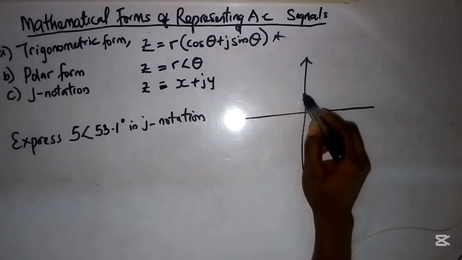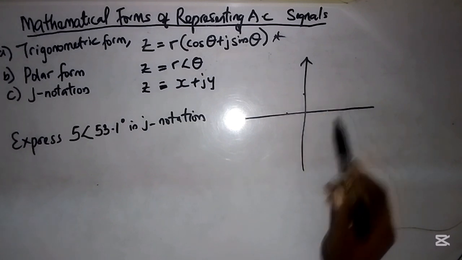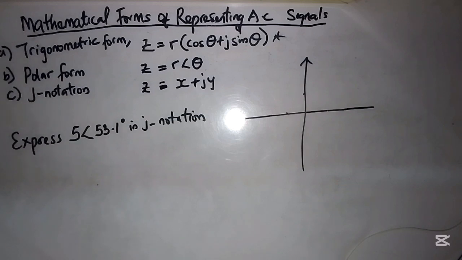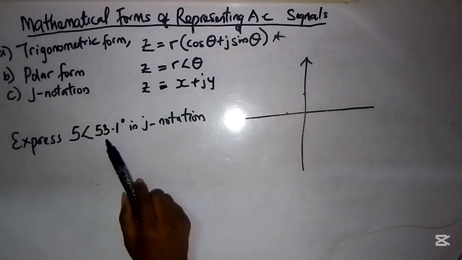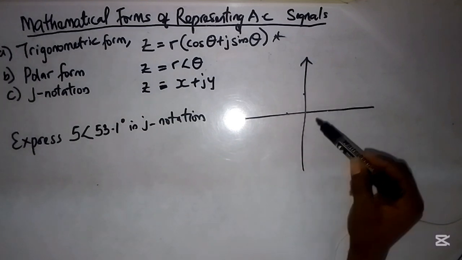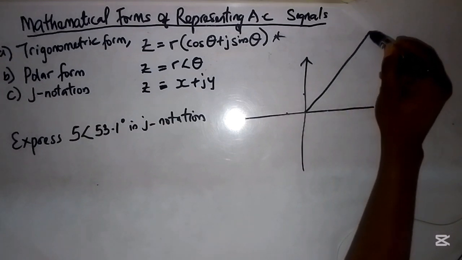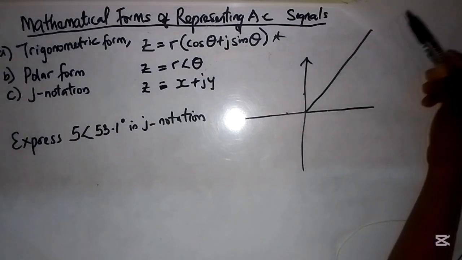So from here to here is 90 degrees, from here to here is another 90, making it 180, to 270, and so on and so forth. In order to map out the phase, we are looking at 53.1 degrees. From 0 to 90, our 53 should be within this area, and that is the direction.